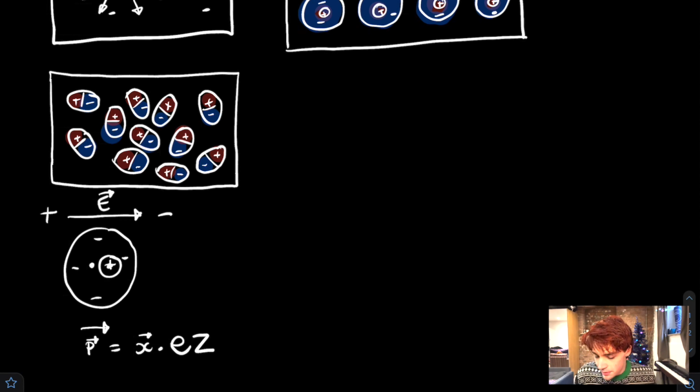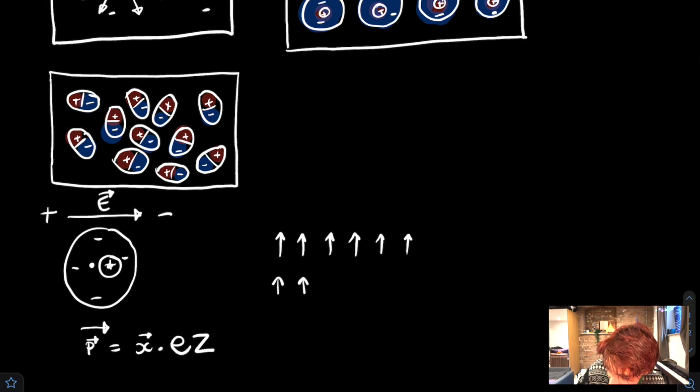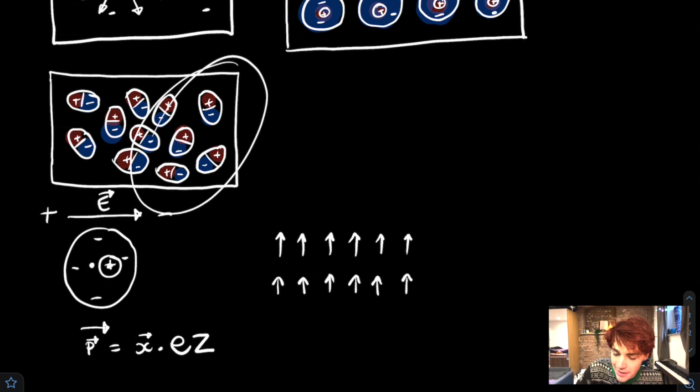So what's going to happen is within the material, you're going to have dipole moments induced across the material, like this. So they're all going to align in the same direction. There's going to be a macroscopic dipole moment. There's going to be loads and loads of dipole moments all pointing in the same direction. And the same thing is going to happen with the polar case right here.